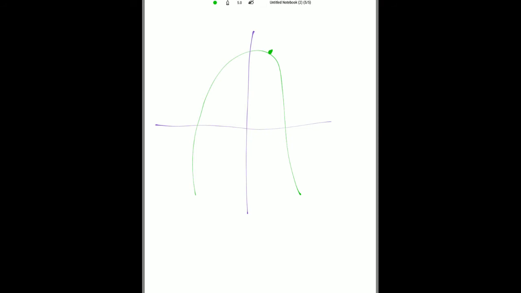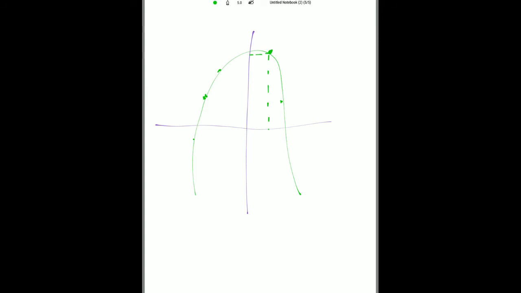Now, unlike a line where the gradient between any 2 points is constant, it's not the same for a curve. The gradient at this point here is different from the gradient here and here and here. The gradient is different at, for the most part, almost every part of the curve.